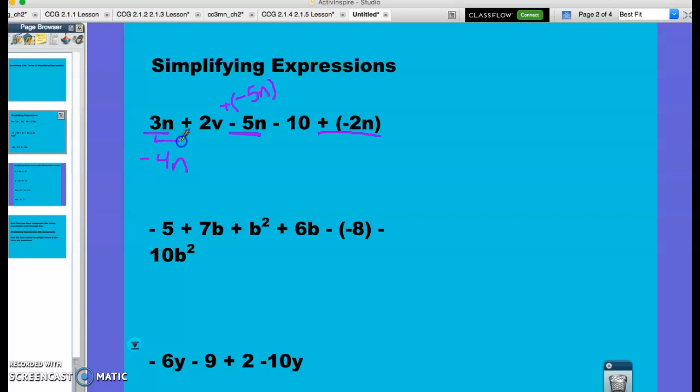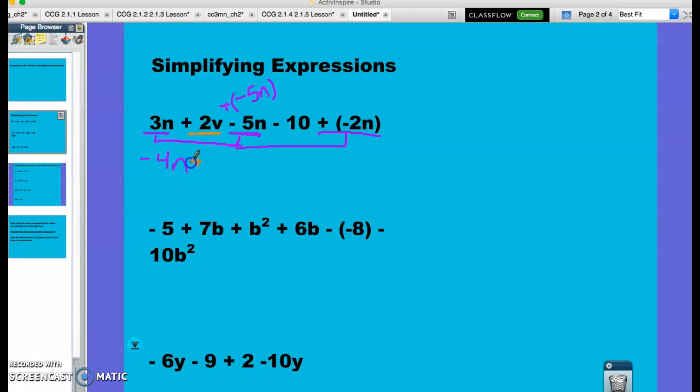Okay, so combining these three together gives me a negative 4n. Now, same strategy. I'm going to look for other terms that are like, well, I've got 2v, and if I look across the rest of my screen, I don't have any of those.